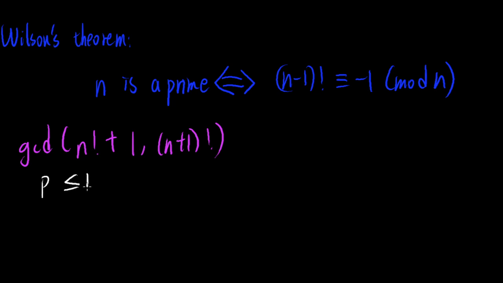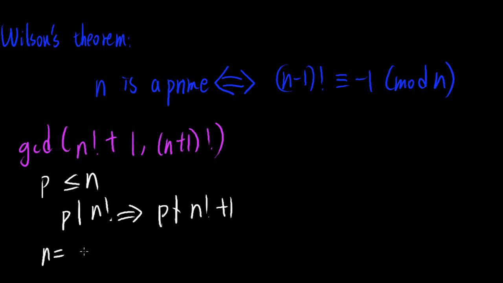If p is less than or equal to n, p divides n's factorial, which means that p does not divide n's factorial plus 1. So any prime factor p that is smaller or equal to n cannot be the GCD, because p cannot divide n's factorial plus 1.